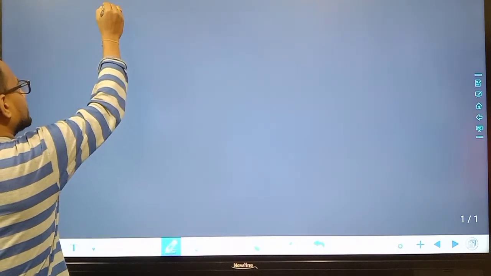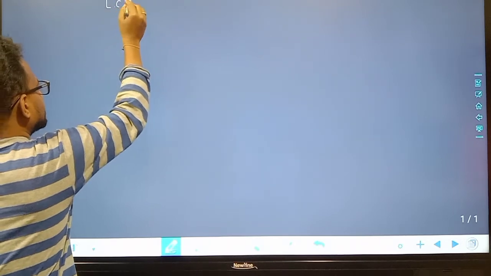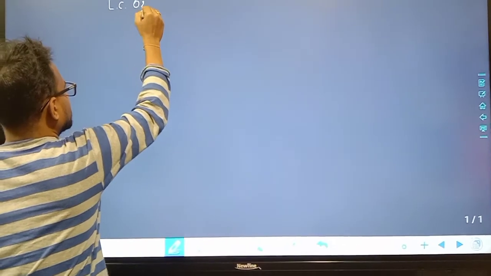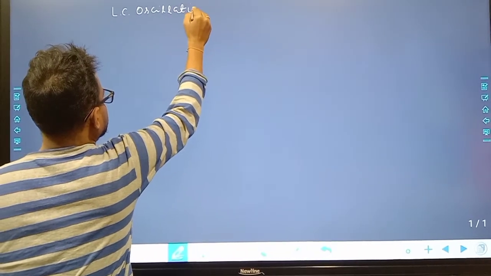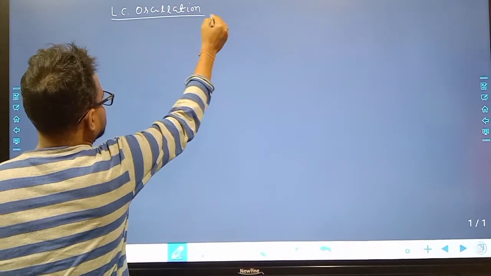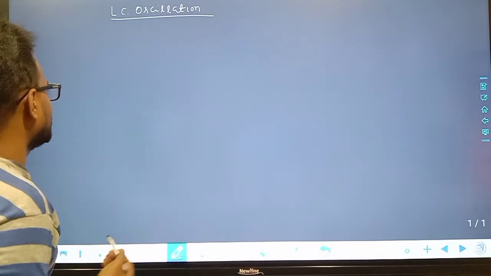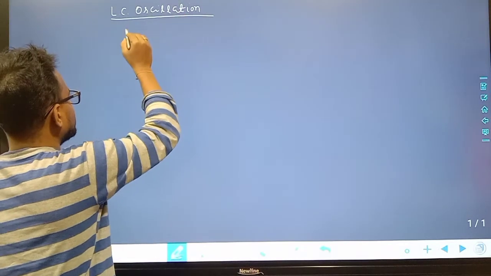LC oscillations, a qualitative idea. L means inductor, C means capacitor.